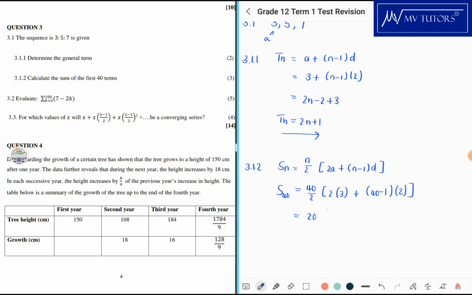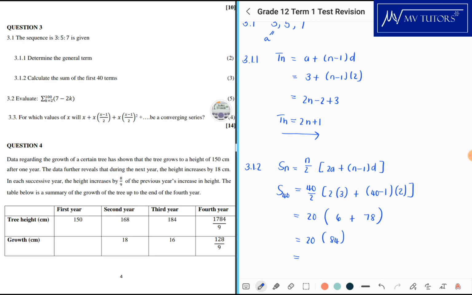I'm just going to simplify it a bit. So we have 6, and then 40 minus 1 is 39. 39 times 2 should be 78. Okay, so basically I have 20 times 84. 78 plus 6.